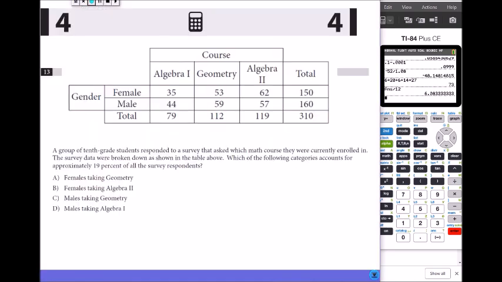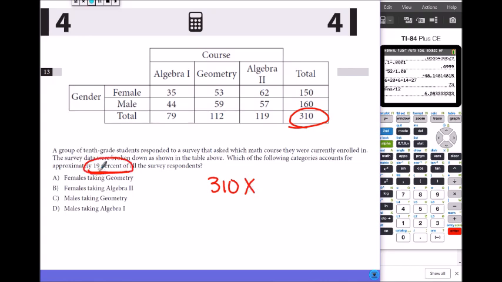Number 13. A group of 10th grade students responded to a survey that asked which math course they were currently enrolled in. The survey data were broken down as shown in the table below. Which of the following categories accounts for approximately 19% of all the survey respondents? So all the survey respondents is 310, and 19% of means you multiply by its decimal.